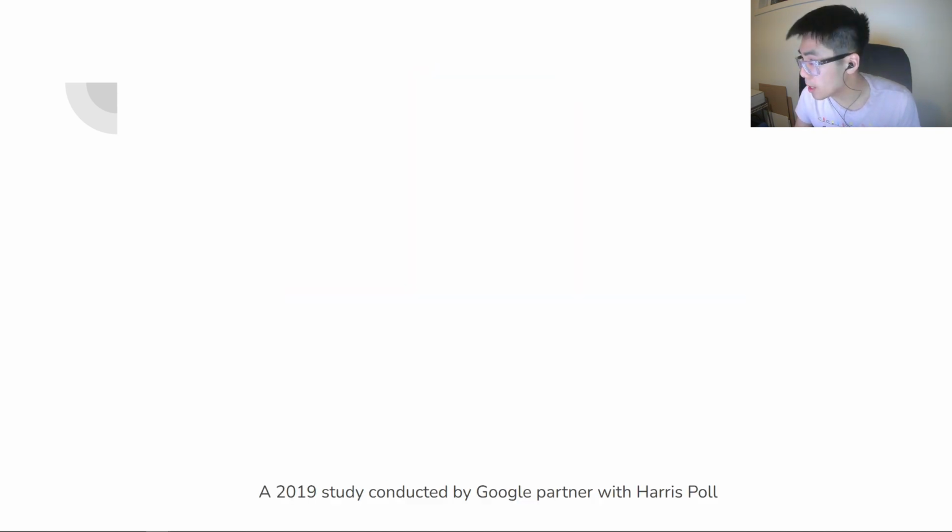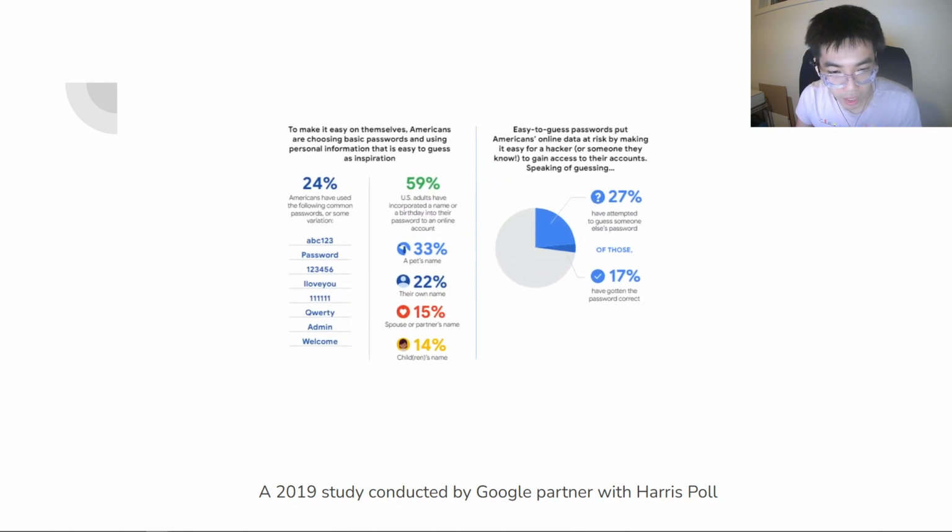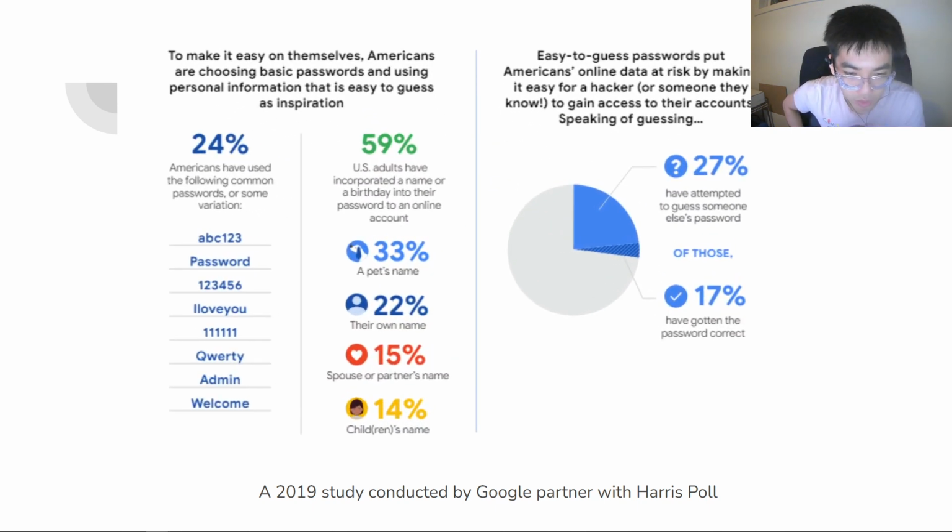Before continuing, I would like you to guess what percentage of US adults have included a name and birthday in their password. Alright, and here's the answer. As you can see, 59% of US adults have incorporated a name or birthday into their password to an online account.